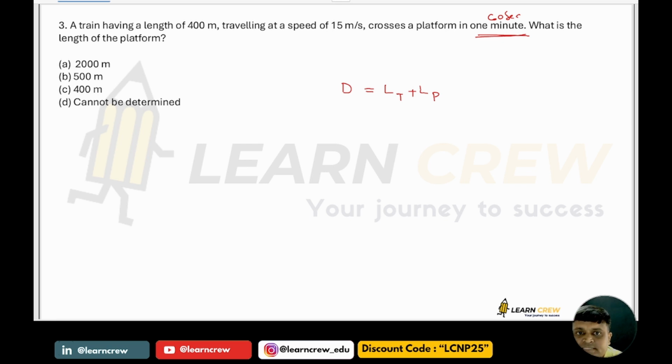And here distance is speed into time. 1 minute to cross the platform, speed is 15. So 15 into 60 is equal to the length of the train, 400, plus the length of the platform, which is not known. Therefore, the length of the platform is 15 into 60, which is 900, minus 400, which is 500. So the answer is 500 meter. Option B is the correct answer.